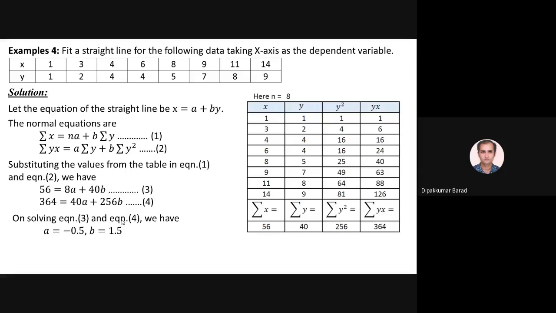And a is equal to minus 0.5. So now your equation is x equal to minus 0.5 plus 1.5y. So here the change is, instead of x you have to write y, and instead of y you have to write x.